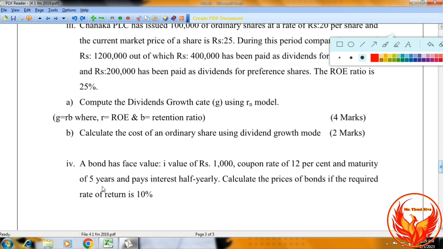The fourth part: a bond has a face value of ₹1000, coupon rate of 12% and maturity of 5 years, and pays interest half yearly, so semi-annually. Calculate the price of the bond if the required rate of return is 10%.